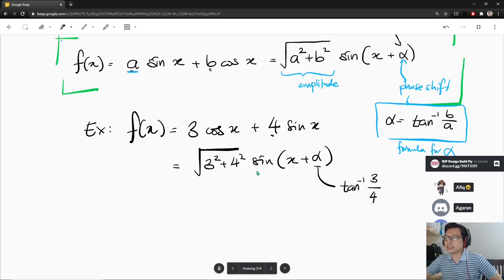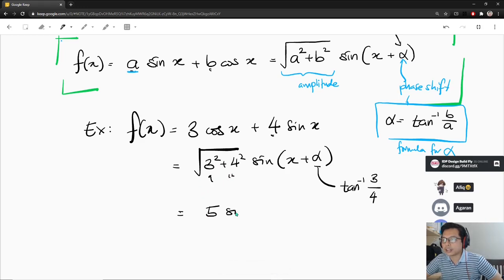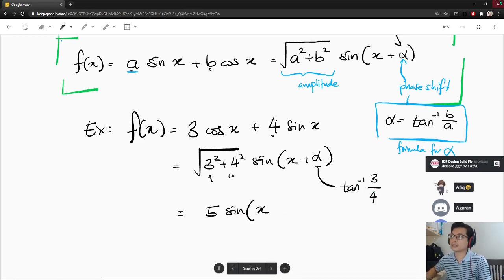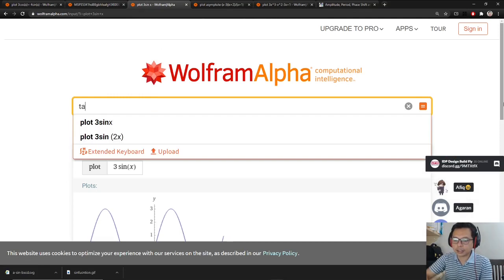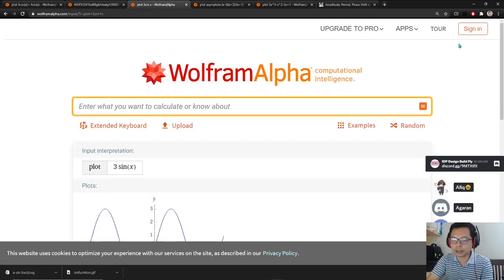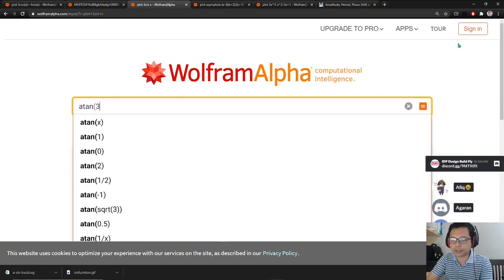So 9 plus 16 is 25, so the square root is 5, giving 5 sine x plus whatever that is. Let's calculate that first. What is the inverse tangent of 3 over 4?